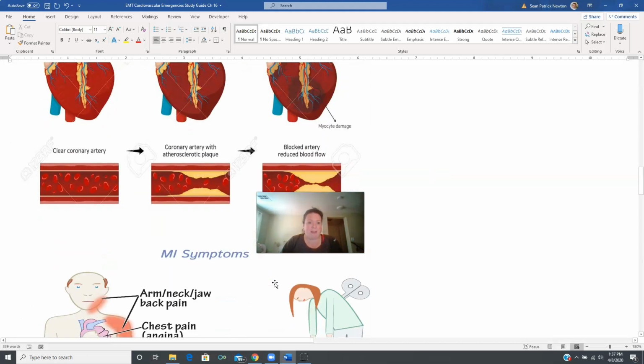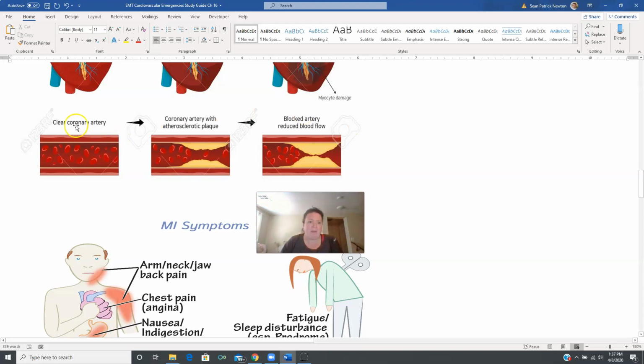I do have a diagram here. We've got a clear coronary artery. Here we've got a coronary artery with some plaque. So this is restrictive. So this patient may be fine when they're sitting in a recliner resting, but if they get up and try to walk or mow the lawn, because of this narrowing, the oxygen can't be delivered to the heart when the heart needs more.